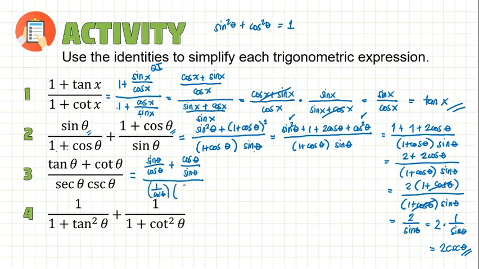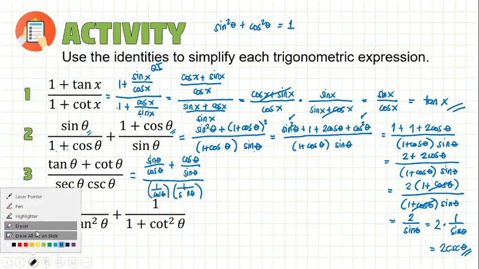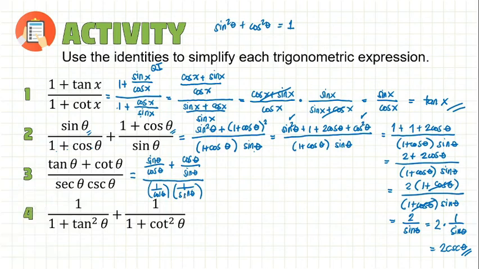And cosecant is 1 over sine theta. There. Okay? So from that, let's combine the two terms in the numerator.